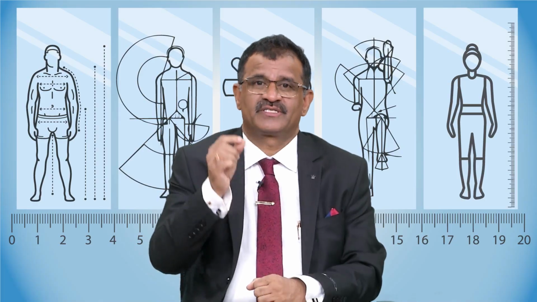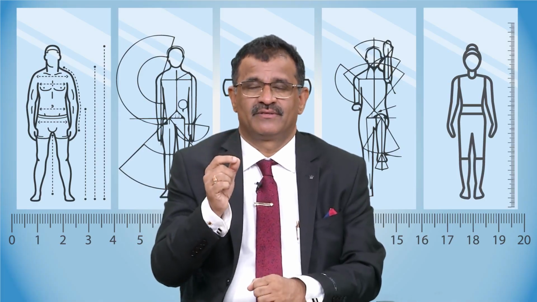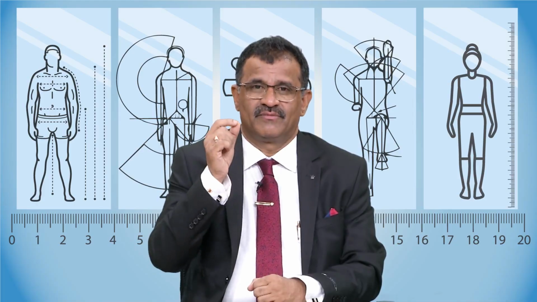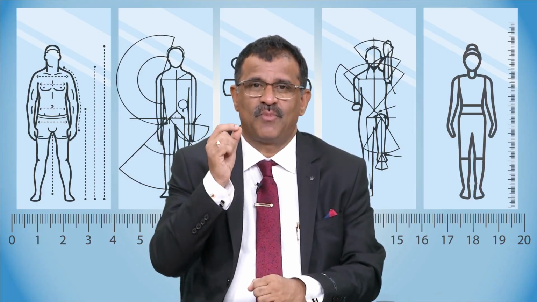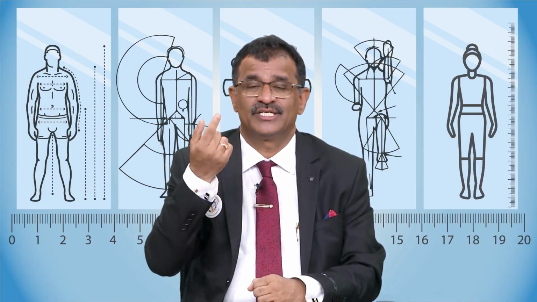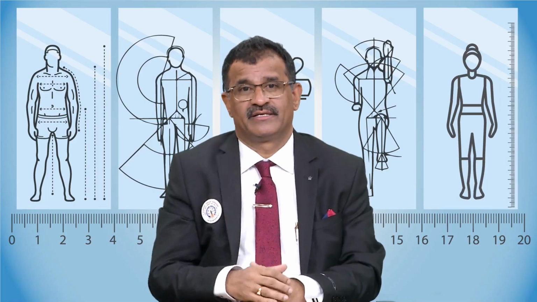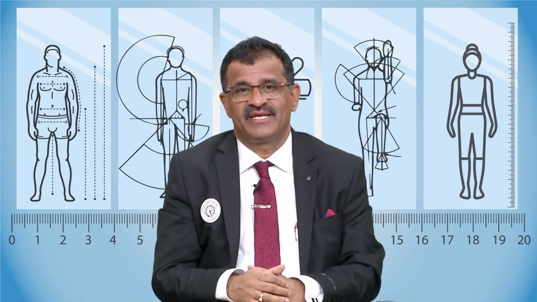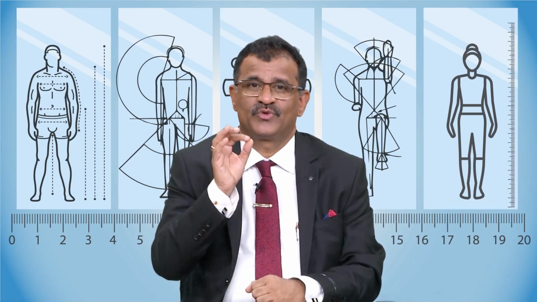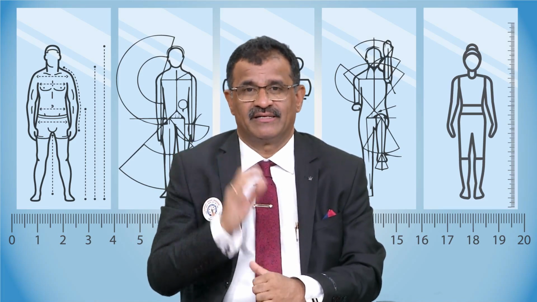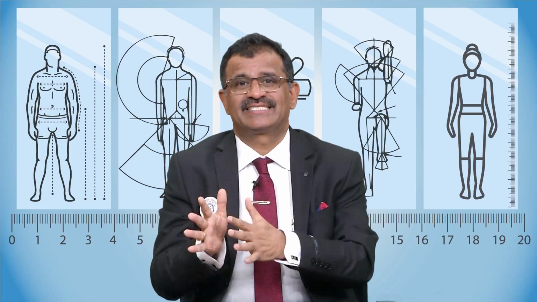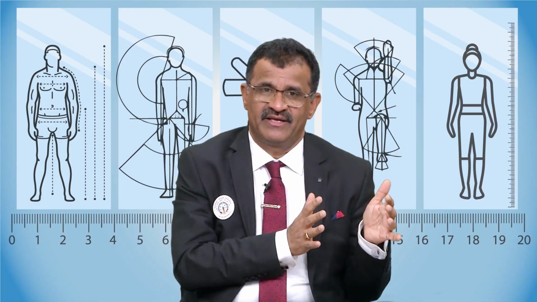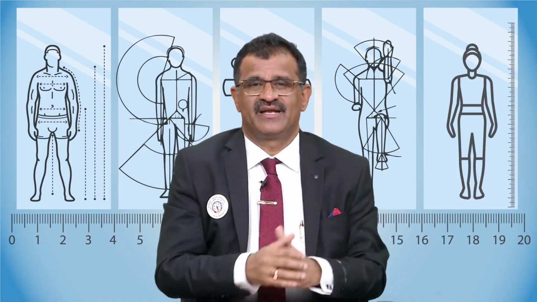You call a person normal by taking his body mass index into consideration when this index is from 18.5 to 24.9. So, less than 18.5 means underweight.